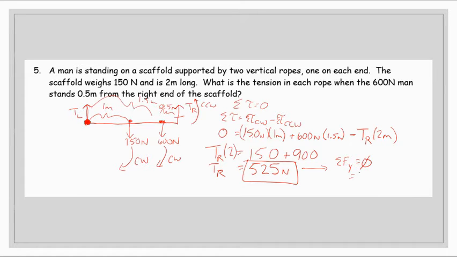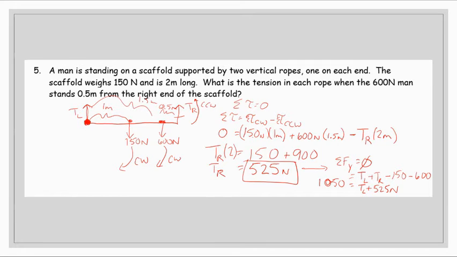Well, my up forces, which are tension L plus tension R, minus my downward forces, which are 150 plus 600. And so I have 1050 is equal to tension left plus 525 newtons.